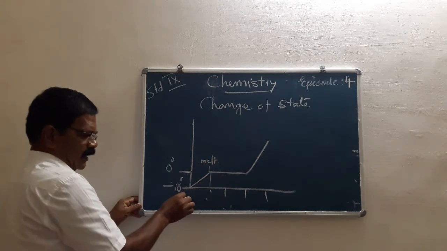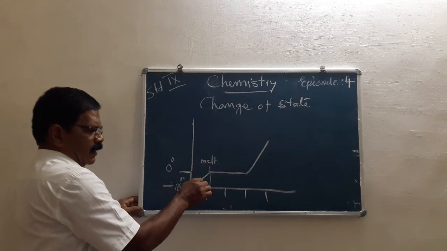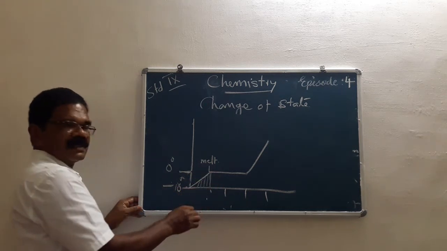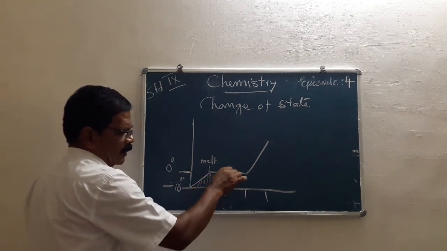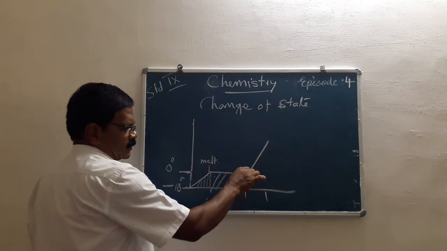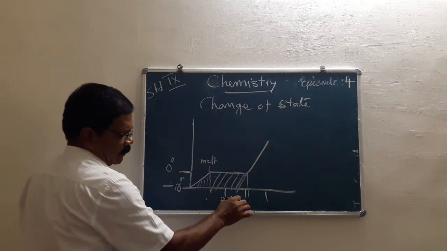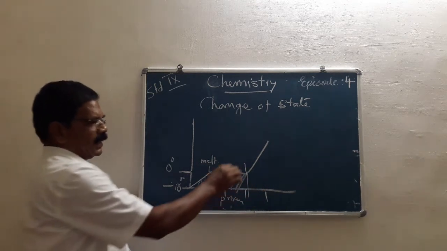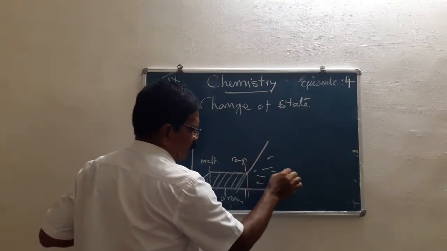From minus 10 degrees Celsius to 0 degrees Celsius, the substance is absorbing heat. Here is the solid state. Here the process is taking place. Here the melting begins and is completed. Here it is pure water.